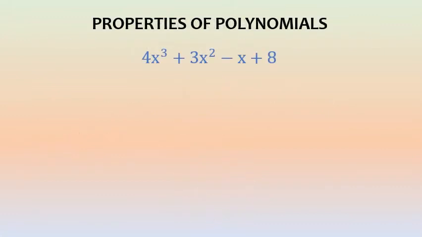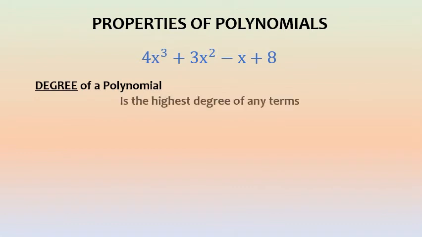Now that we understand what polynomials are, it is important then to talk about properties of polynomials. Let's say we use the example 4x cubed plus 3x squared minus x plus 8. We talk about now first property of a polynomial, which is the degree of a polynomial. Talking about degree of polynomial, it is the highest degree or the highest exponent.